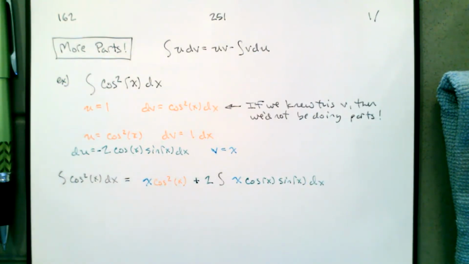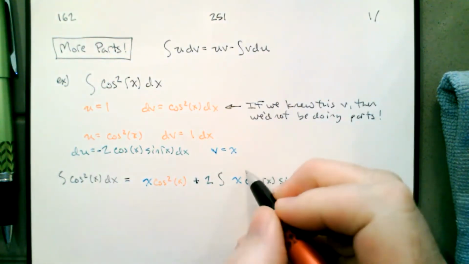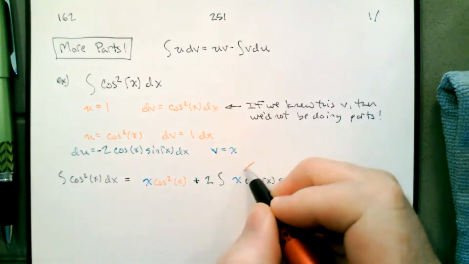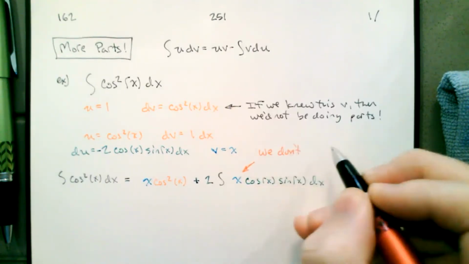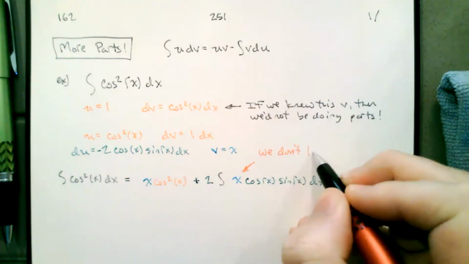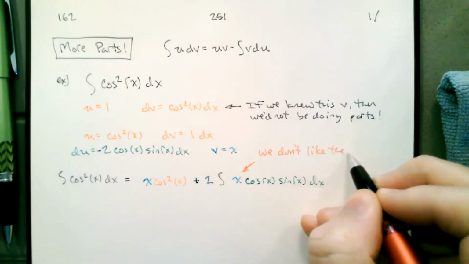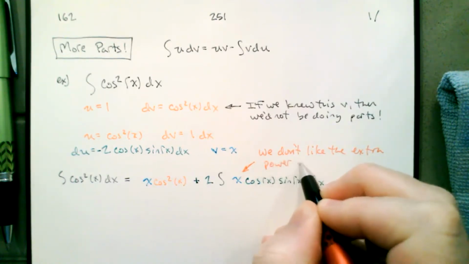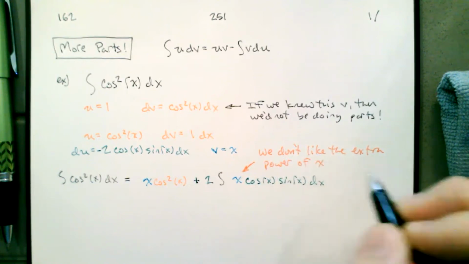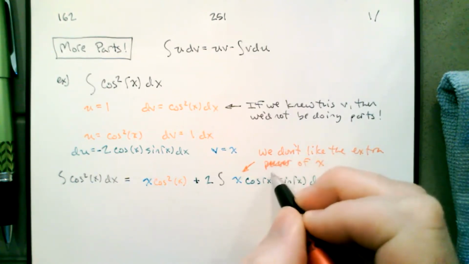If it was just the cosine and the sine, that would be no problem, but we've got this extra factor of x, which really messes things up. So we don't like this extra factor of x.